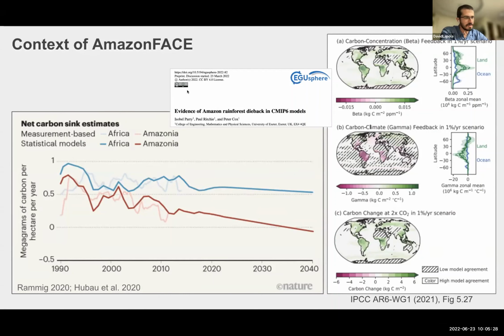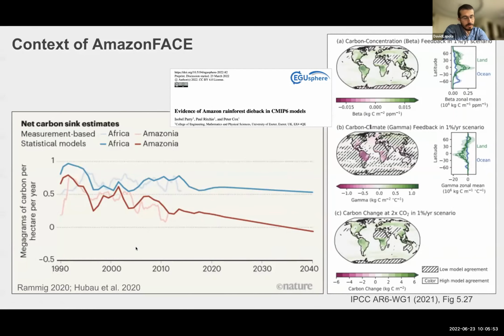For us here living in the region, it's still a possibility. It's appearing in some of the CMIP6 models, as this article is showing.